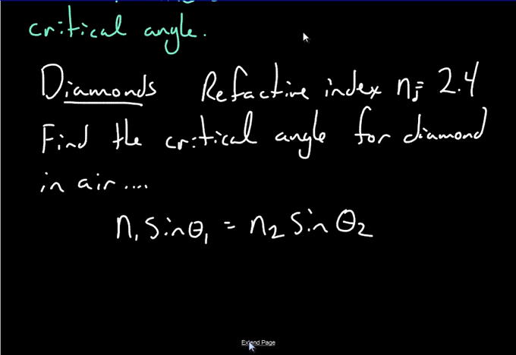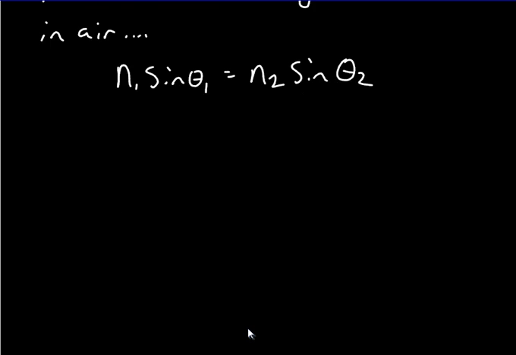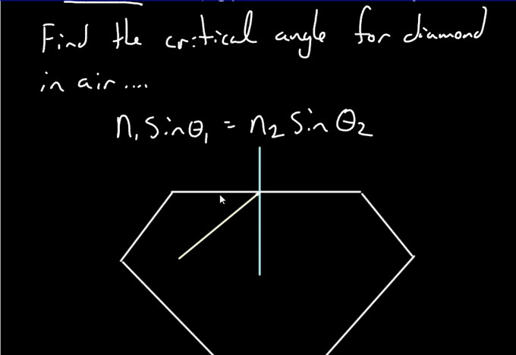And I just want to draw a picture of what we mean here, okay? Here we have light that's inside a diamond, and the light is traveling outward from the diamond. We know that the refractive index within the diamond is 2.4.